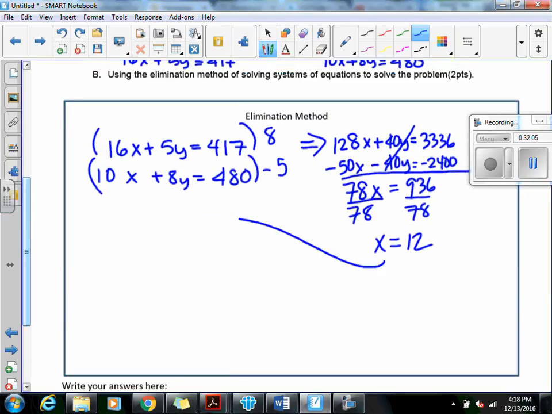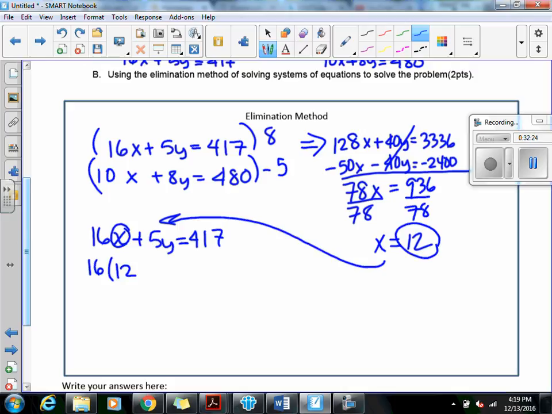So I'm going to use this answer and substitute it. Doesn't matter which equation, I'm going to use the first one. So 16x plus 5y equals 417. I'm going to replace this x with 12. So I have 16 times 12 plus 5 times y equals 417. 16 times 12, I have no idea what that is. 192, but my calculator is a handy tool that helps me at all times.